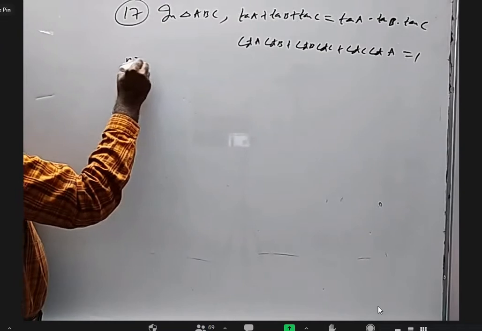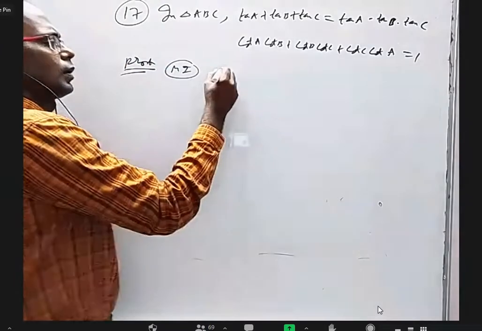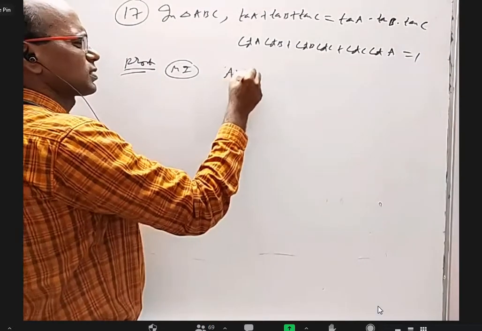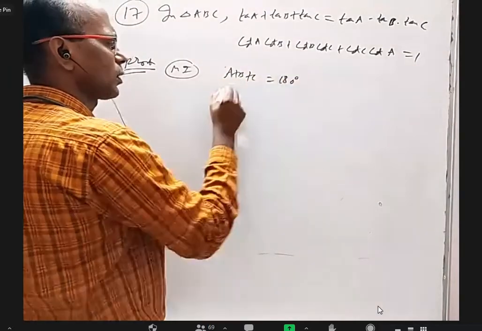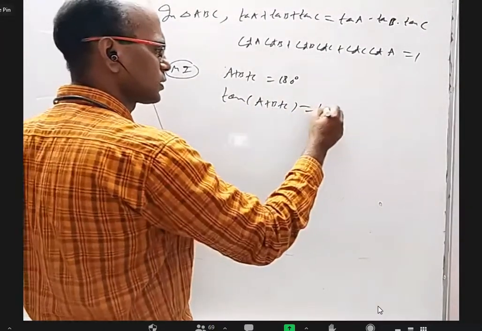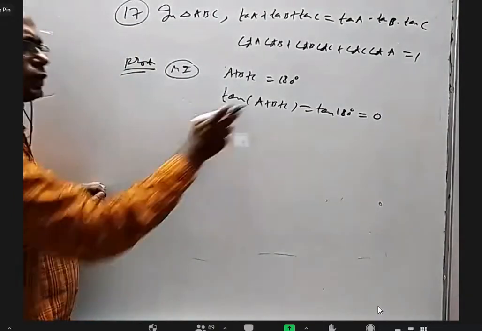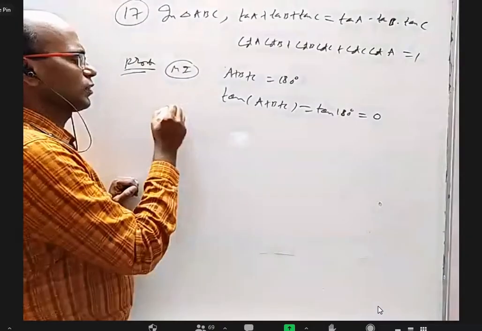How to prove this? Two methods. Method 1: A plus B plus C is equal to 180 degrees, means you apply tan on both sides. Tan of A plus B plus C is tan 180 degrees, which is 0. But tan of A plus B plus C, what is the formula?